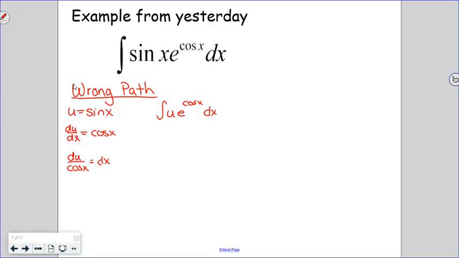Great. My next step said, take what dx equals and replace dx in the integral. And this is where I know that I've run the wrong path, because when I do that replacement for dx, it should say du over something.